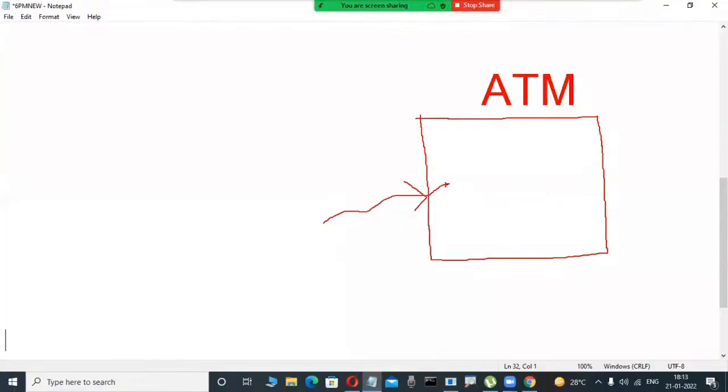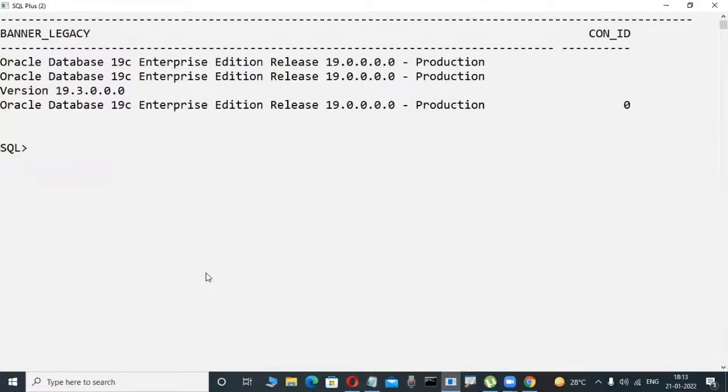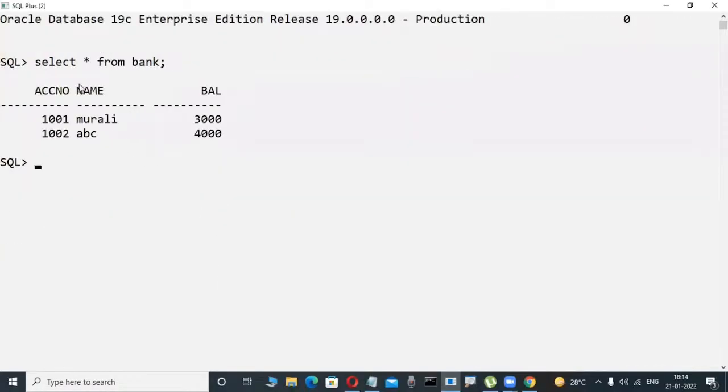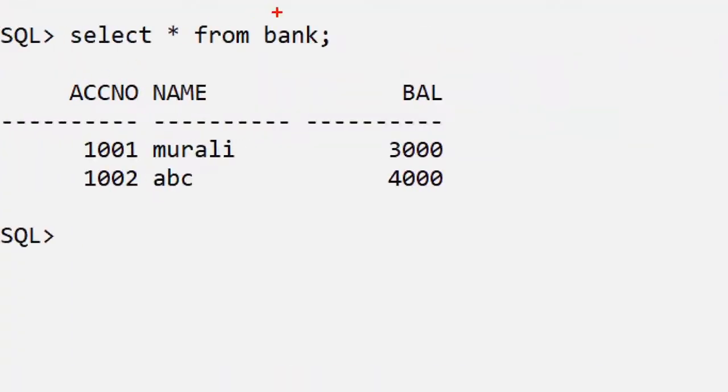Now check it out, observe the screen slowly. Suppose in this database, for example, bank is a table. Just observe the scenario, very easy to understand. In a table format only, we store the data.